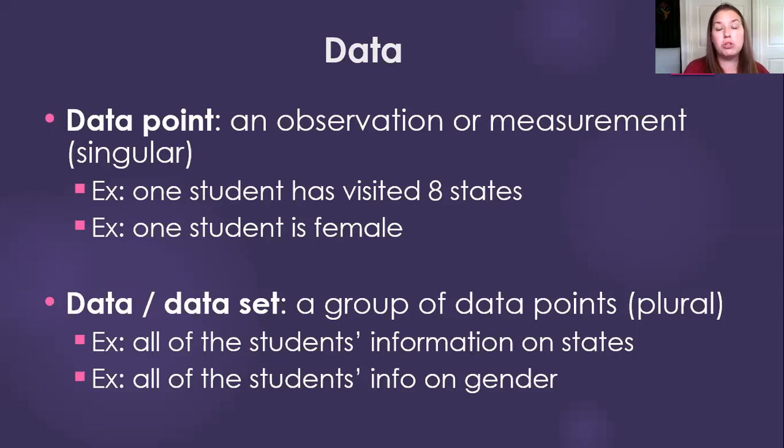So for example, if we looked in our class survey at all of the students' information on states, and we would say something like, the average number of states visited is 7, or all of the students' info on gender. This is a very female-heavy class, so we would be able to say the majority of students in this class are female. Those are examples of data from our data set.